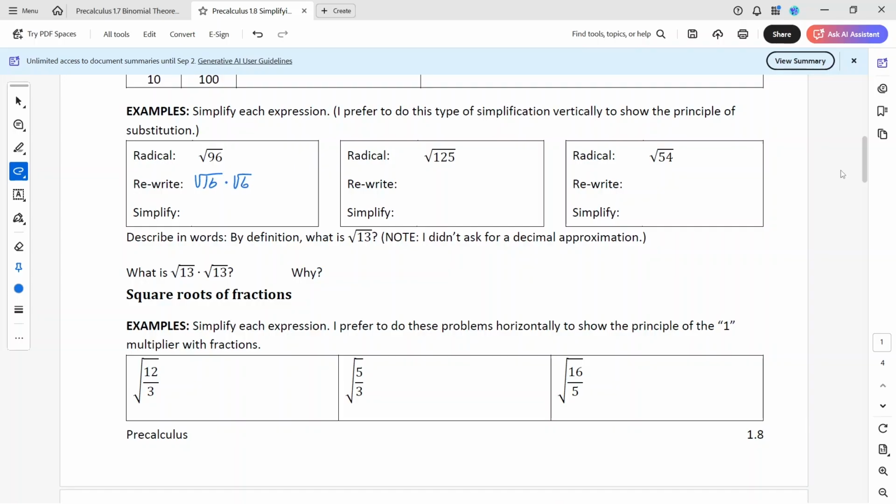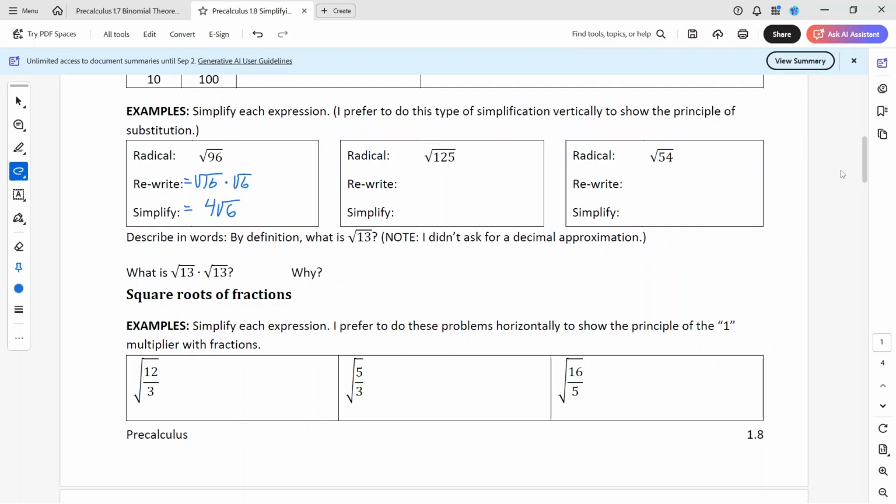Now, I always like to write the square root of the perfect square first, because this shows the flow of the radical simplification. Because 6 is simply 3 times 2, and there's no square factor, meaning a 4, 9, 16, 25, etc., that goes into a 6. That's how I know I'm done.